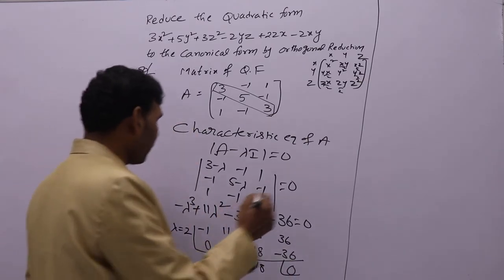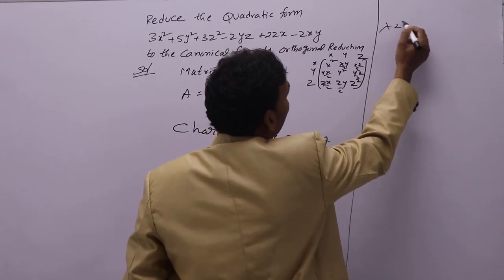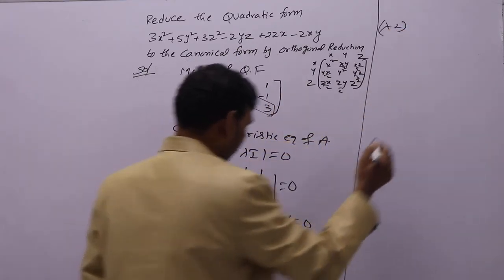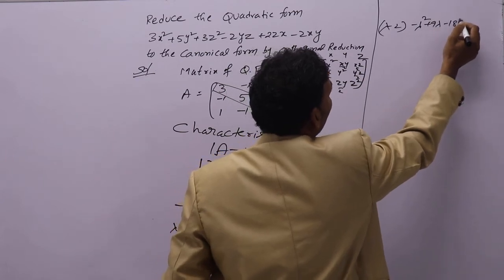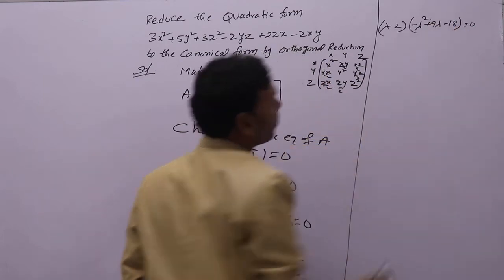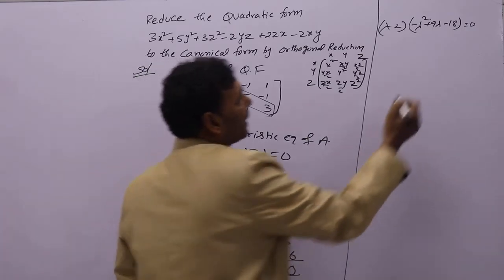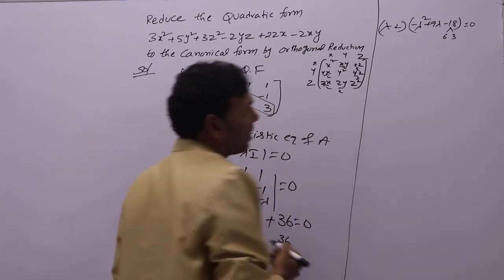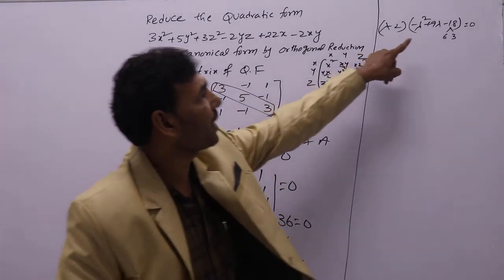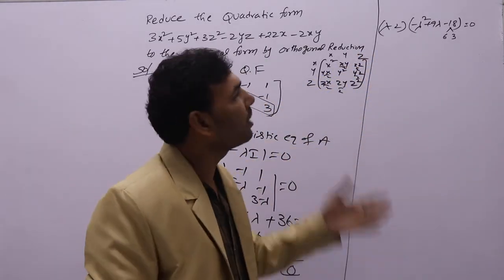So then what you will get? Lambda minus 2 into minus lambda square plus 9 lambda minus 18 equal to 0. You all know the factors of 18: 6 threes are 18 because 6 plus 3 is 9. 9 twos are also 18, but 9 minus 2 you won't get 9.